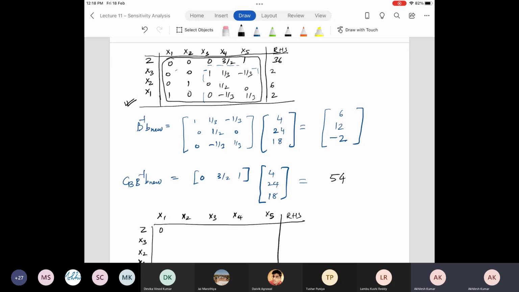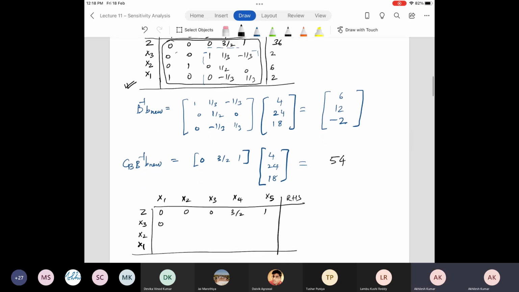So we will calculate 0, 3 by 2, 1, 0, 0, 1, 0, 1, 0, 1, 0, 0, 1 by 3, 1 by 2, minus 1 by 3, minus 1 by 3, 0, 1 by 3. Now with the new B, this becomes 54 and this becomes 6, 12 and minus 2.